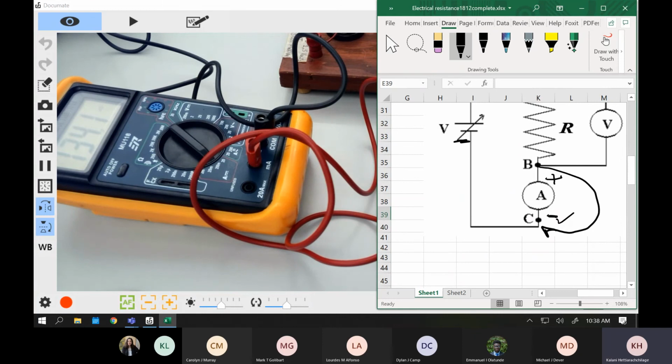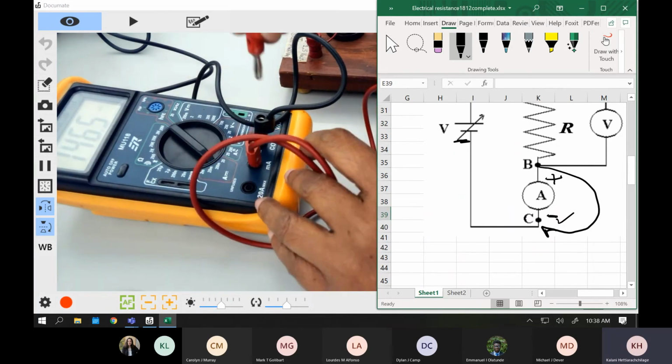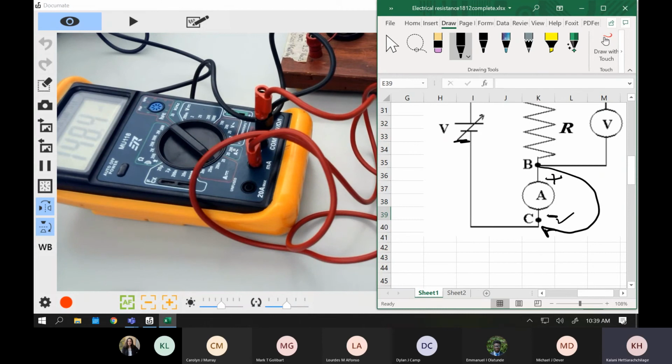To do that, you see the voltmeter here, you take the red out of the voltmeter from the resistor, and then you connect that into the black of your ammeter. Black of your ammeter. Take out the resistance there. Take it out from here and turn it into black.